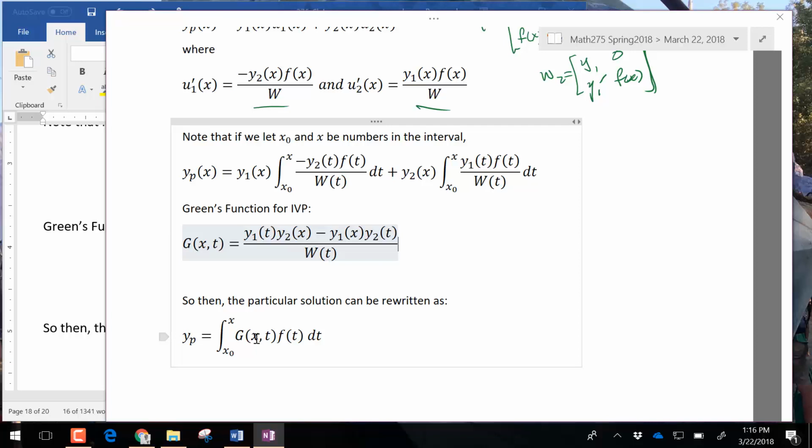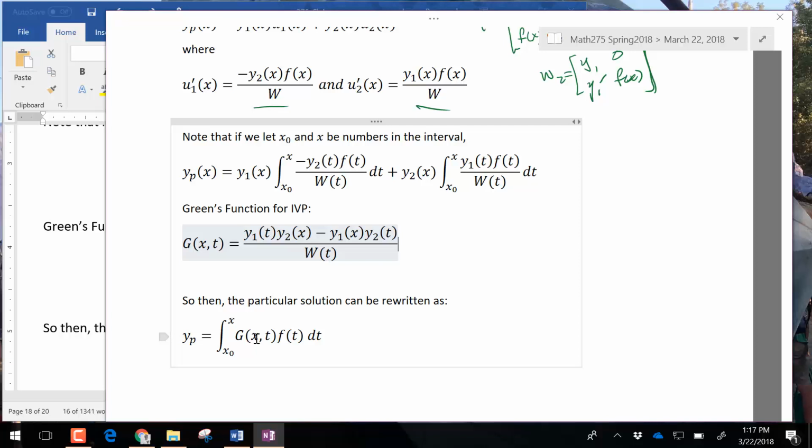But on top of that, we won't cover this in this class, but Green's function can also be used to help solve partial differential equations, and some other types of problems in differential equations that it could be used for.